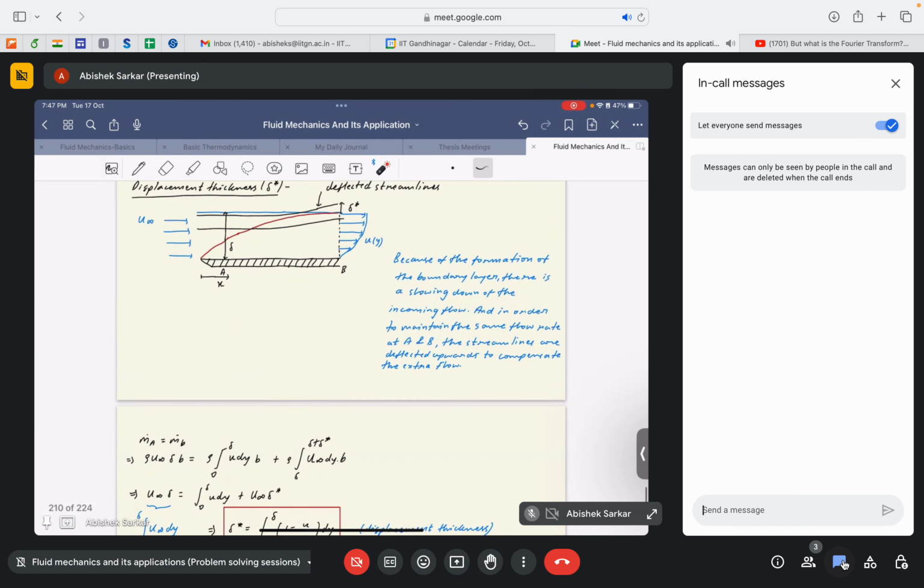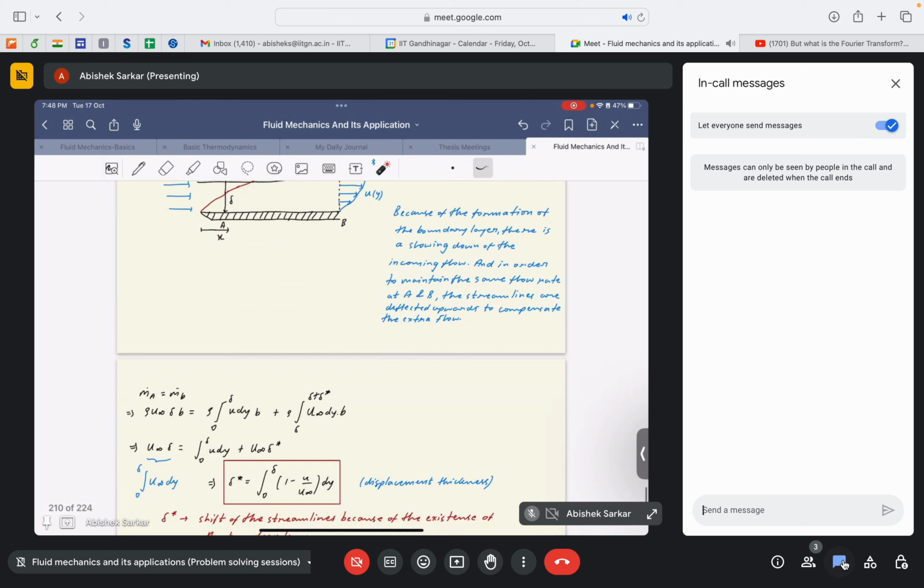Then at the exit, first we consider this part. For that part we would have rho integrated from 0 to delta u dy into b. Then for this part, the velocity is the free stream velocity, so we consider u infinity dy into b, integrated from delta to delta plus delta star, where delta star indicates the displacement thickness.